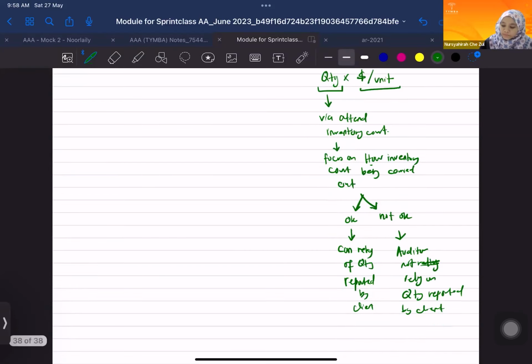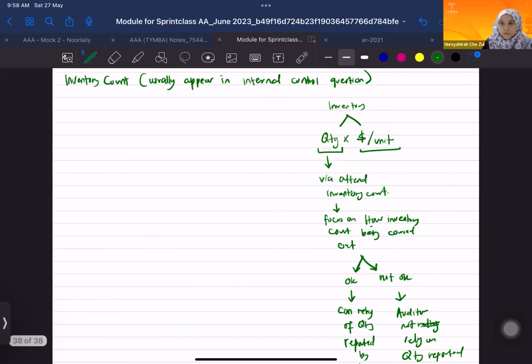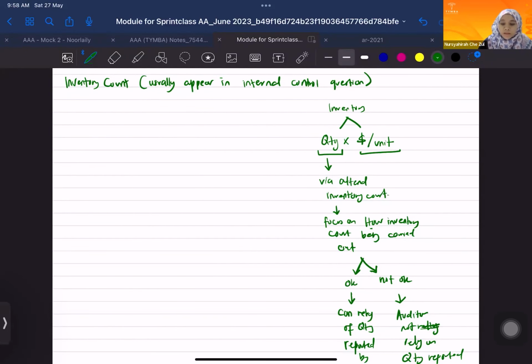For example, maybe the auditor recounts about 20 samples, but if the auditor is not happy with the internal control during the inventory count, perhaps they extend to around 100 samples. So that is why the auditor attends the inventory count and what the auditor's concern is when attending it.